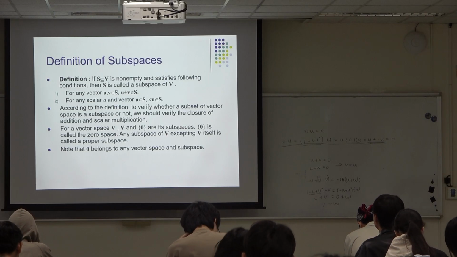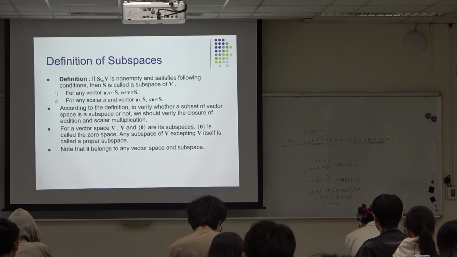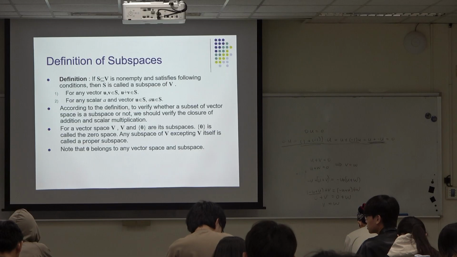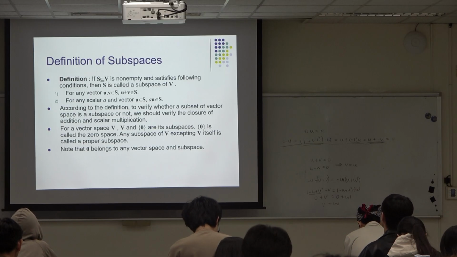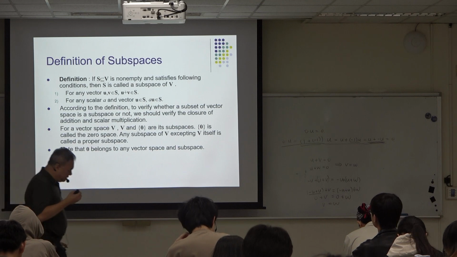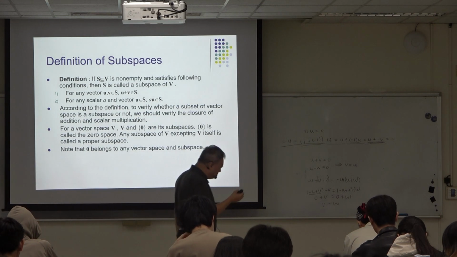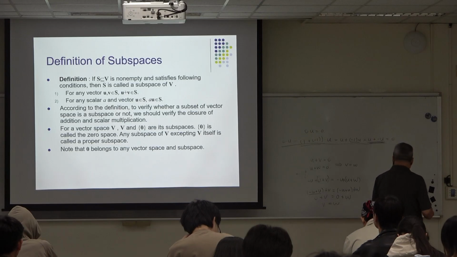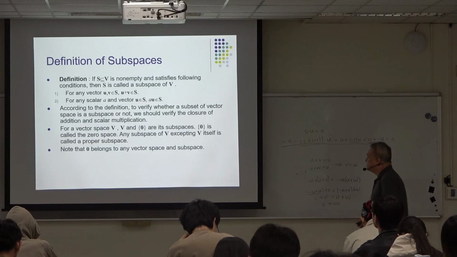So that's the first thing. The closure of addition still holds for this subspace. Second, for any scalar a and the vector u, au is in S. So an element multiplied by a scalar still falls in this subspace.